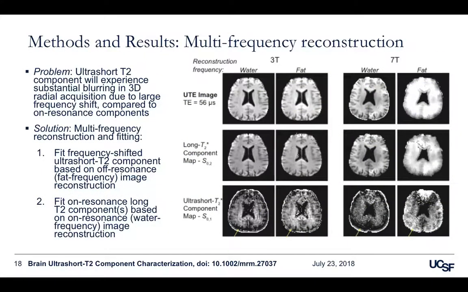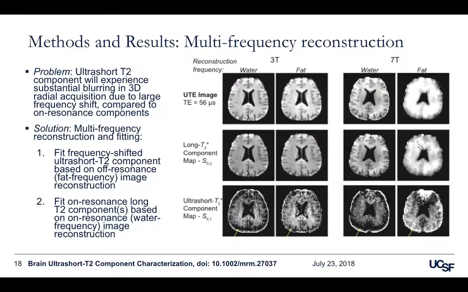Now we ran into one other problem to go from a single voxel fitting into making maps, and that's that if we have this large frequency shift of the Ultrashort-T2 component, there will then be substantial image blurring due to phase accumulation during the 3D radial acquisition.